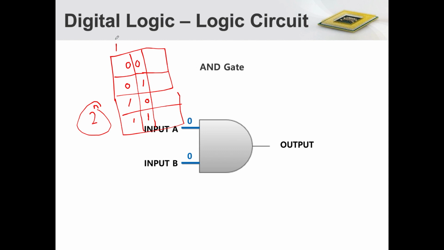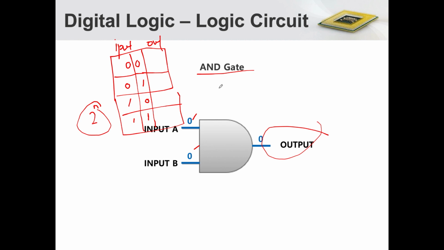And what is on the output? The output of course is only 1 over here. So if let's say 0 0, what you're going to get if it is an AND gate is like you multiply it. If you multiply any number with 0, what you're going to get is still 0.